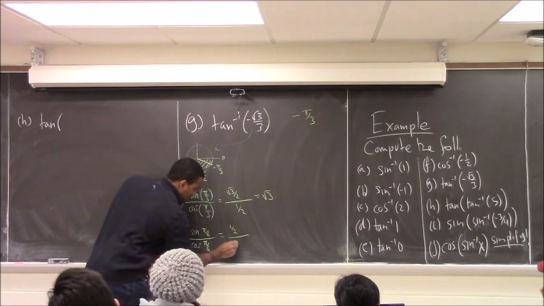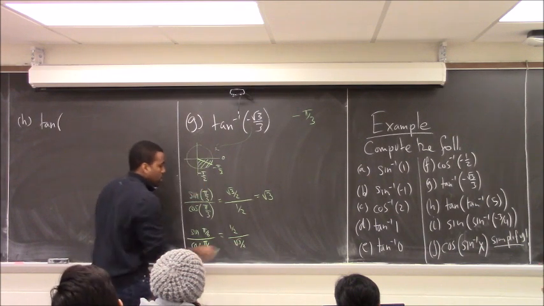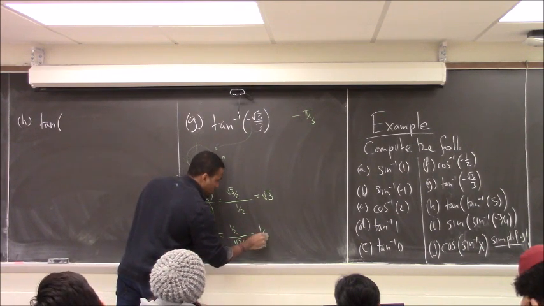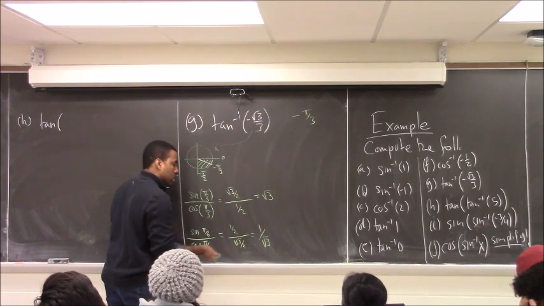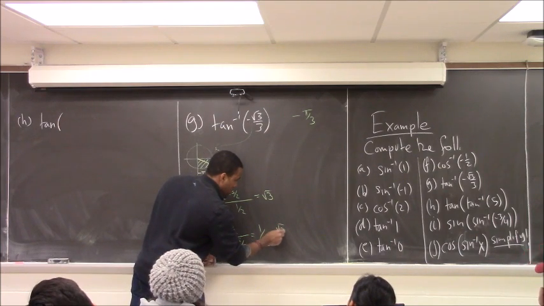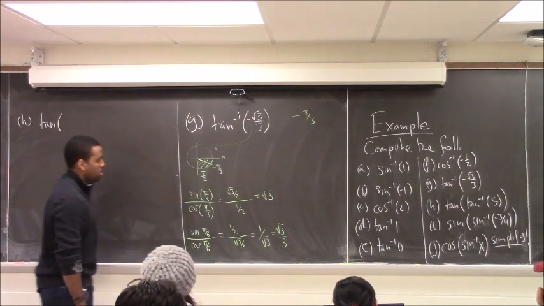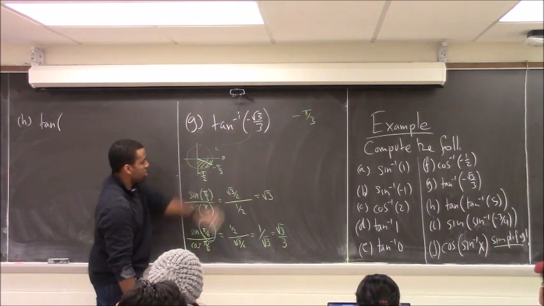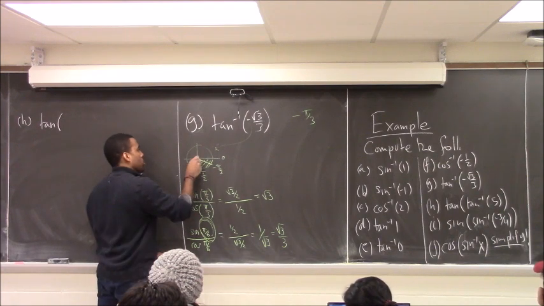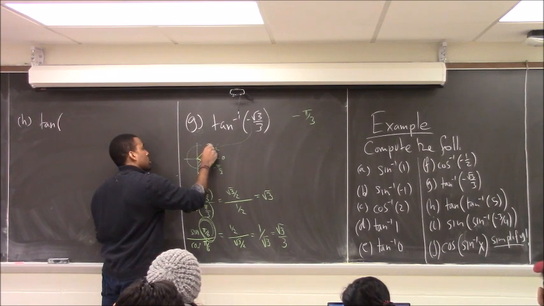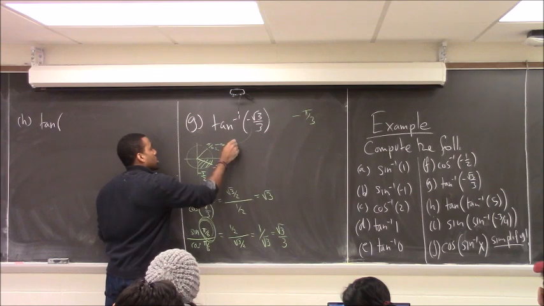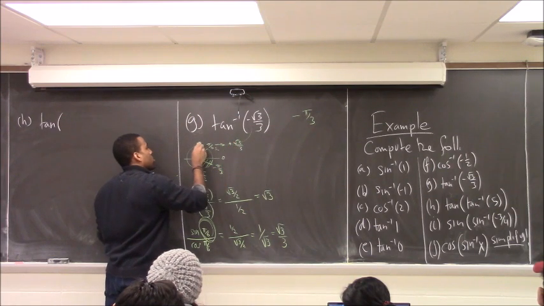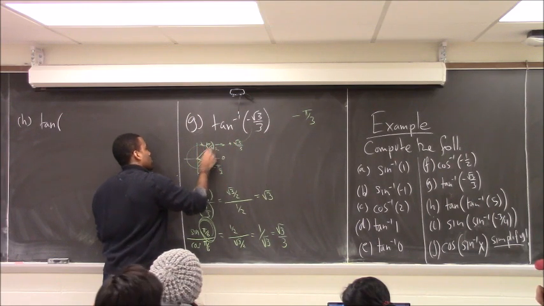Cosine of pi over 6 is radical 3 over 2. Notice that that simplifies to 1 over radical 3, which you can rationalize by multiplying and dividing by radical 3. So you get this one. And so you realize pi over 6 gets you the positive value. So pi over 6 here gives you the positive radical 3 over 3. That's the tangent.